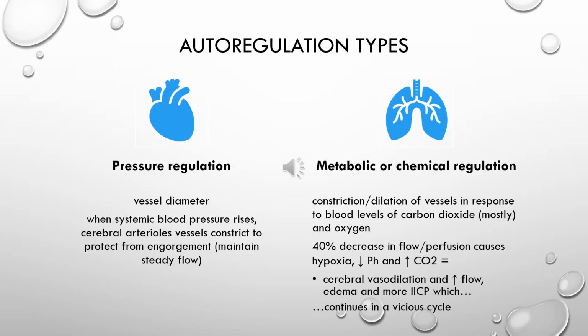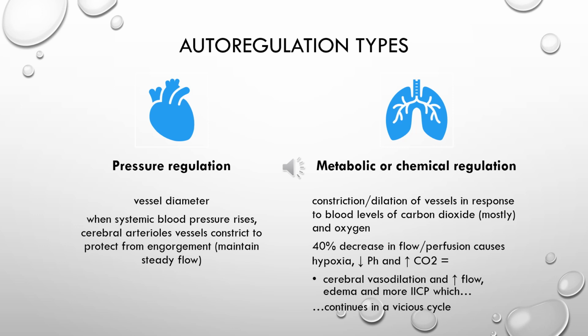So looking at some of the autoregulation types of compensatory mechanisms, there are things like pressure regulation, or the ability to regulate the diameter of the vessel itself. And so think about this in terms of systemic vascular resistance, where you have the pressure that's exerted. So what happens is when the systemic blood pressure rises, the cerebral arteries will constrict themselves.